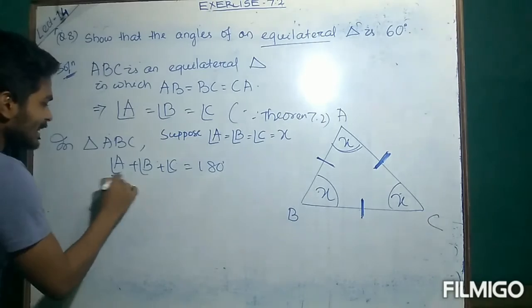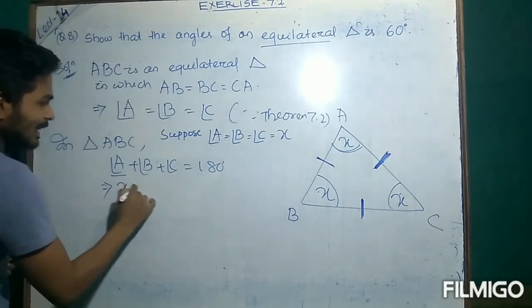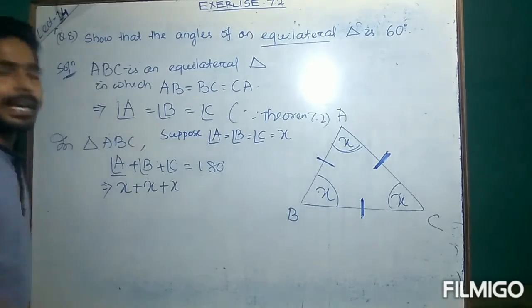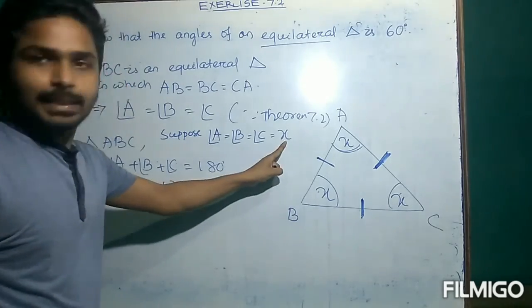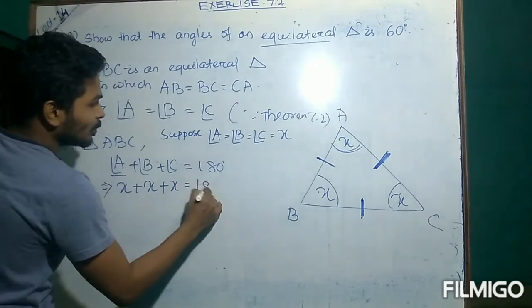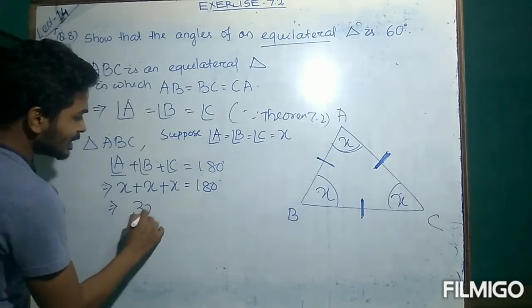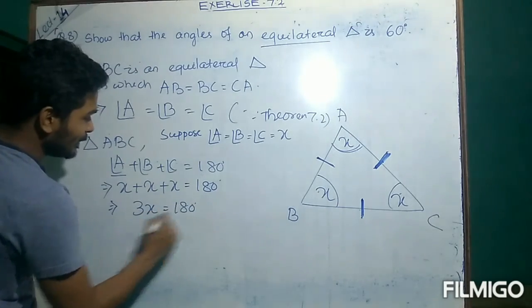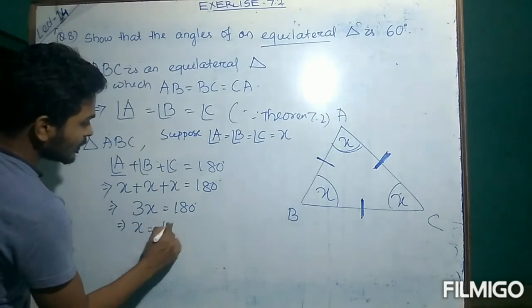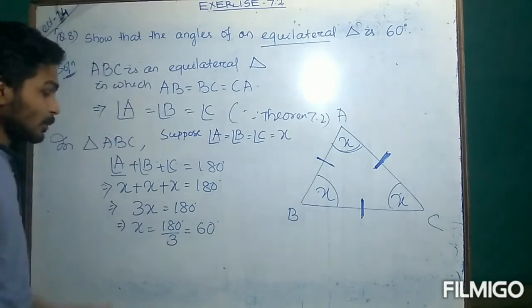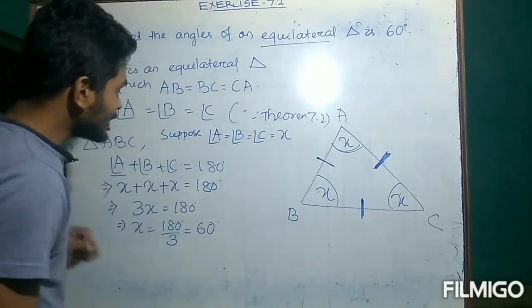Okay, then in this place we can substitute x, in this place we can substitute x, and in this place also we can substitute x. We have assumed it is equal to 180 degree. Then x plus x plus x is 3x is equal to 180 degree. x is 180 degree by 3, that is 60 degree. So we have found the value of x to be 60 degree.